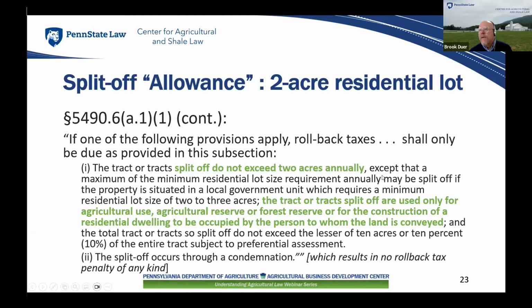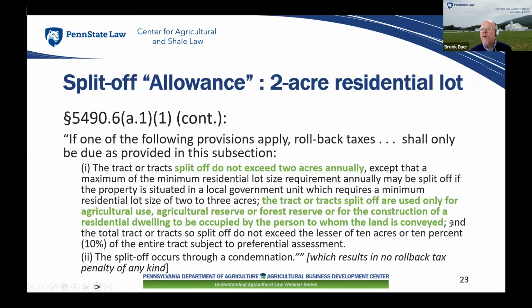And this is what the 2-acre residential lot allowance is. So it's 2 acres, not exceeding 2 acres annually, for the construction of a residential dwelling to be occupied by the person to whom the land is conveyed. It's just selling off a building lot so that you can have a little bit more income to keep your farm going.